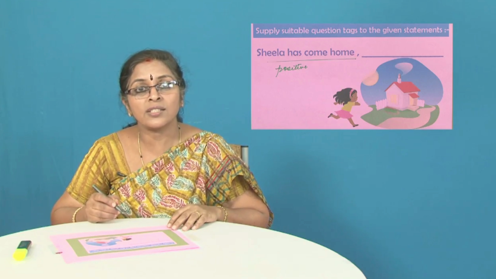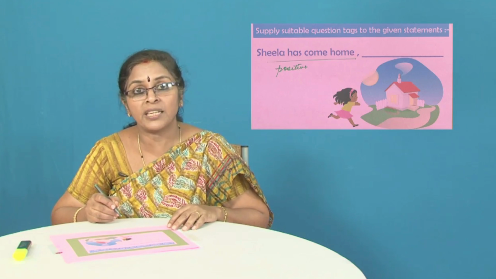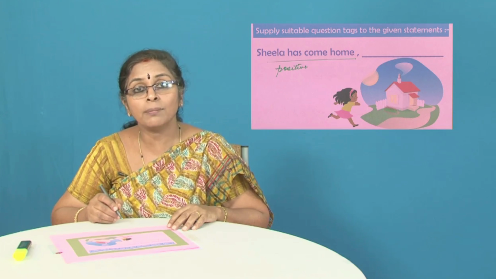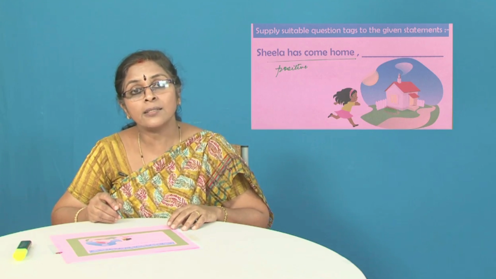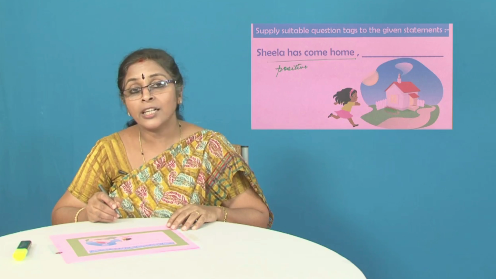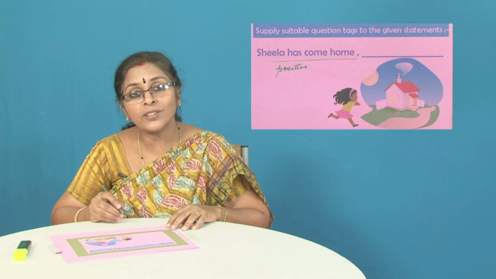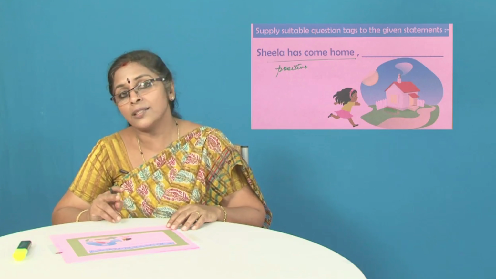These words, not, none, never, all these words indicate negative meaning. So when the sentence is Sheila has come home, what does it mean? That since there is no negative word, the entire sentence is in the positive. So when you supply the question tag, it should be in the negative. So please remember that if the sentence is positive, the question tag will be in the negative. Now we have already discussed two rules.